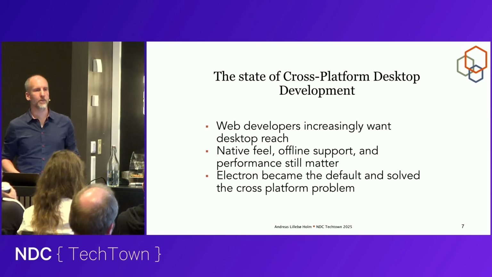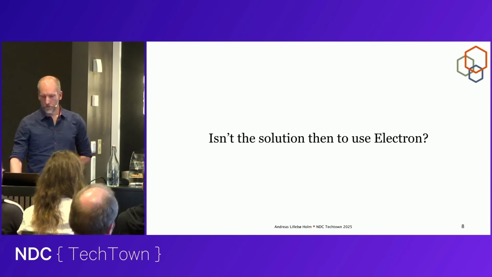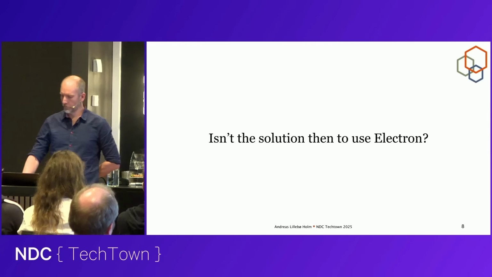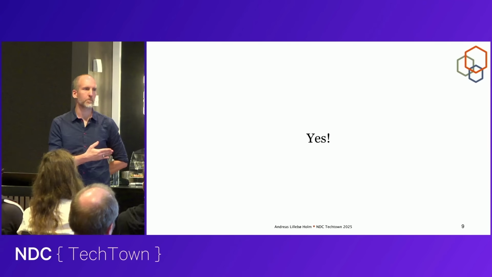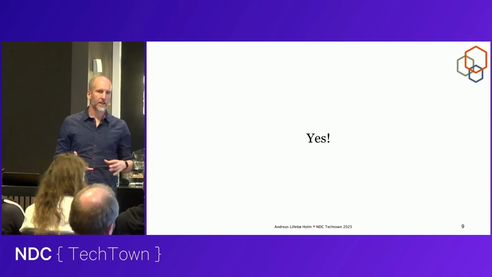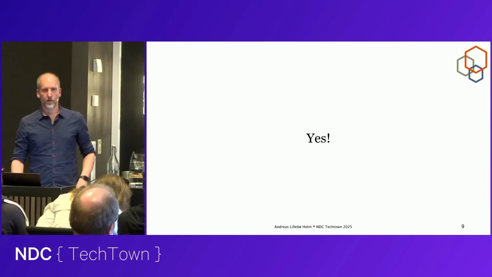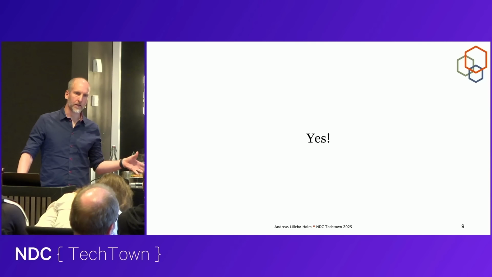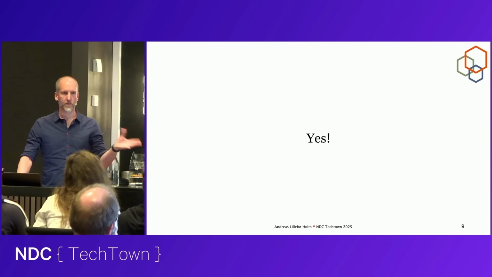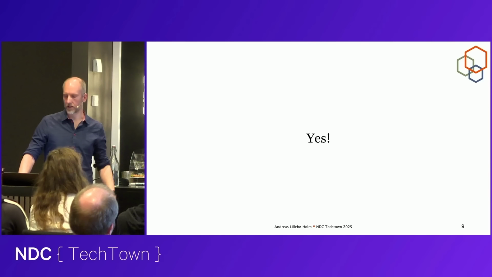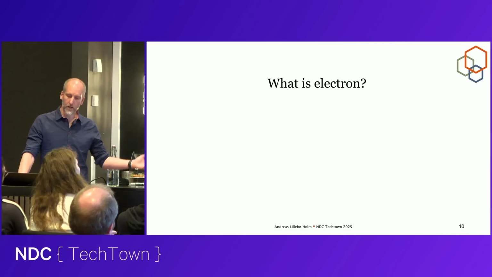Okay, go for Electron. So isn't the solution then to use Electron? I would say yes, for many purposes you can do that, and I think it's a very good tool for that. I will go through a bit about Electron before I touch upon some of the issues with Electron. So what is Electron?